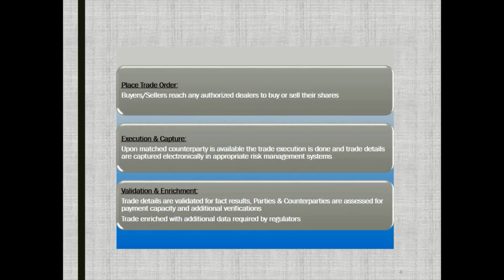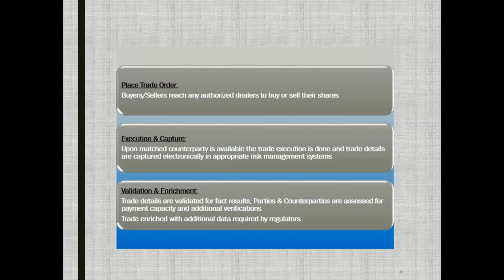Validation and enrichment is the next stage. So what is this validation? As a party, I'm going to submit my trade needs, and the counterparty will also be submitting the details from their side. But someone needs to validate whether both sets of details are true to the fact. What is the source of income? What are they actually going to trade?